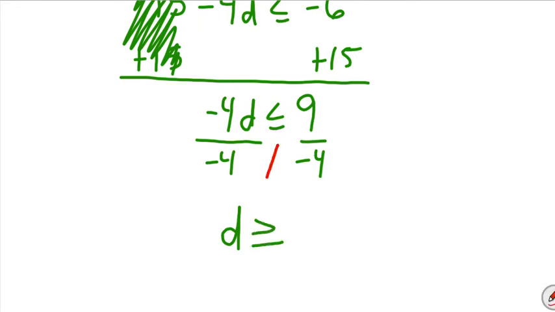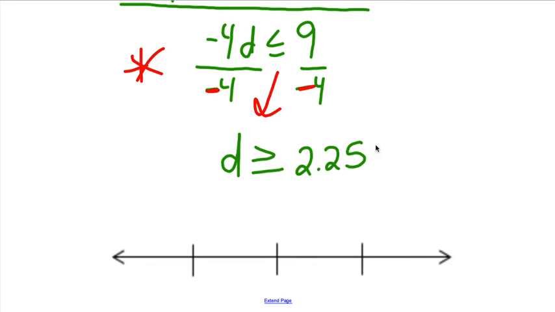And like I say, I would suggest that you draw some kind of notation here so that you recognize, oh yeah, my sign flipped because I just divided by a negative number right here. And then just go from there. So right-hand side, 9 divided by 4 gives me 2.25. All right, so put your integers.